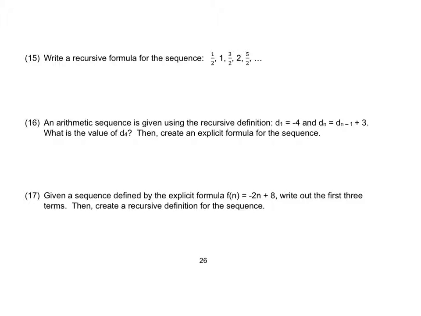For a single value, I would think by hand is probably the way to go. If I'm looking for the fourth value, D4, that's equal to D3 plus 3. The problem with that is D3 would be equal to D2 plus 3.